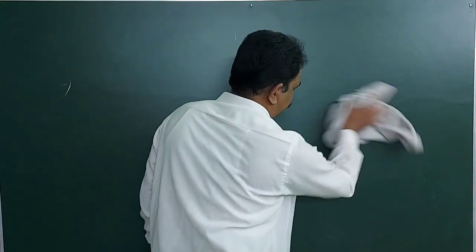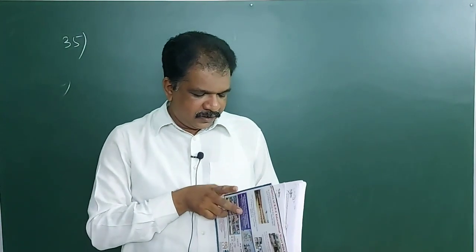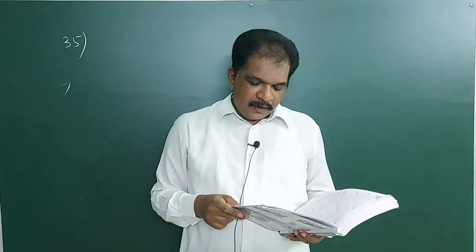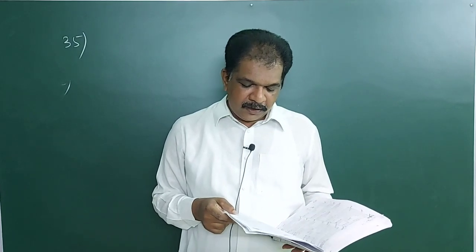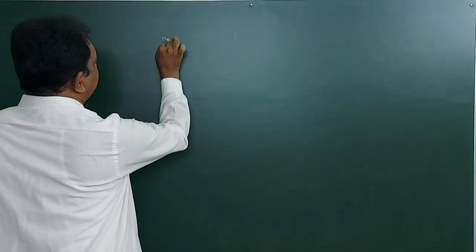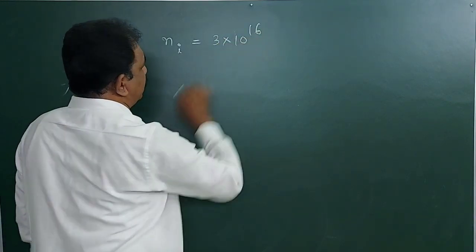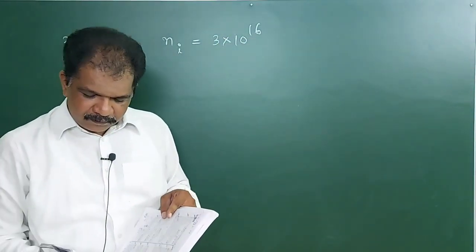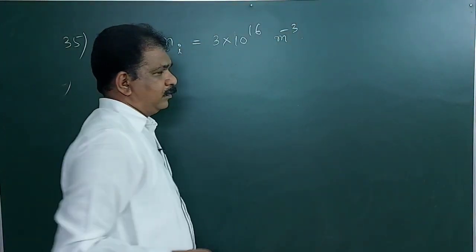35. What are they asking? See, 35. All are simple questions. The density of electron hole pair in pure germanium is 3 into 10 power 16 per meter cube, in an intrinsic semiconductor.